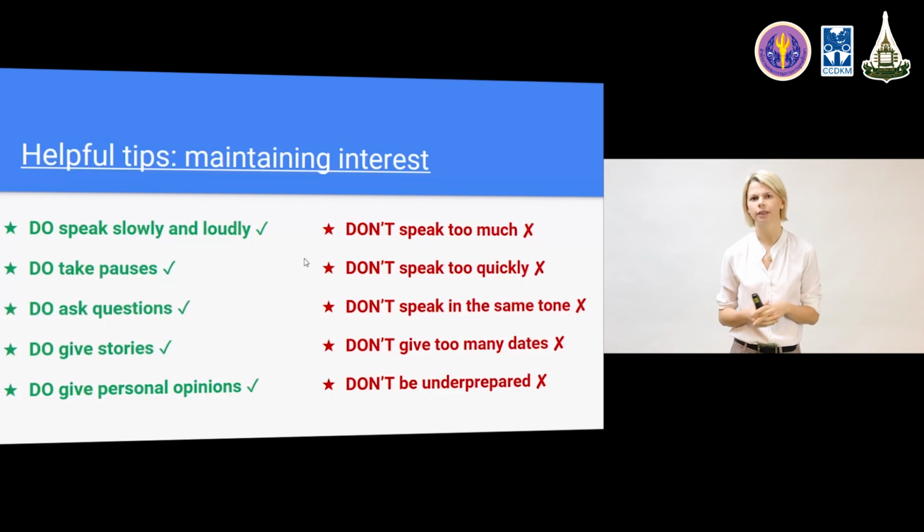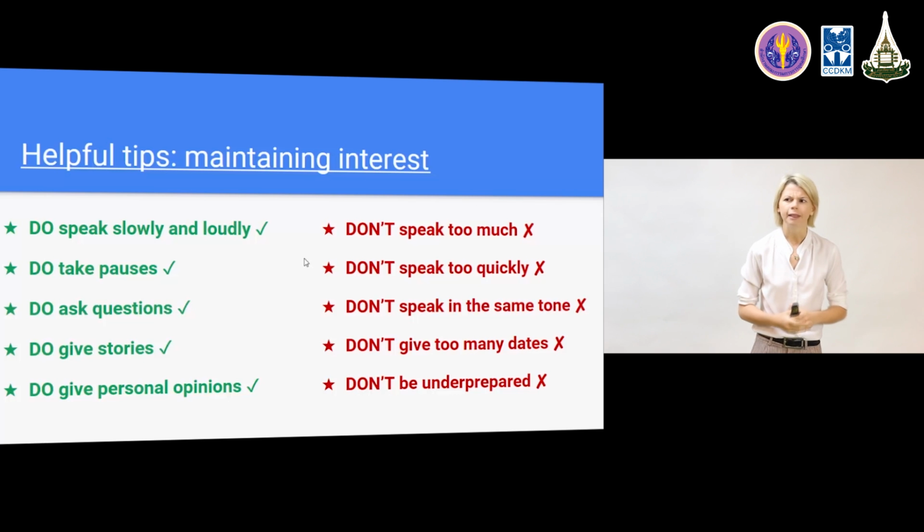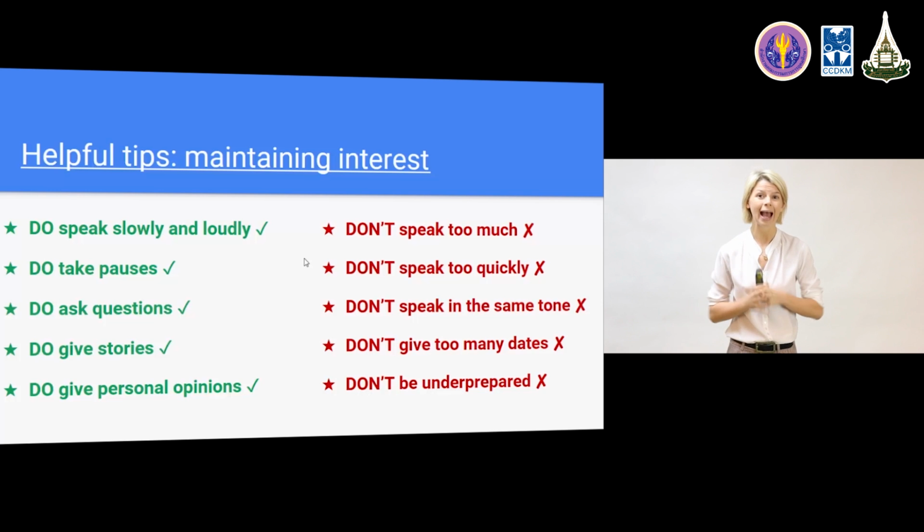Another important thing when speaking English is don't speak in the same tone. You want to change your tone a little bit. This can be difficult for some second language speakers, especially if your native language is a tonal language, like Thai.